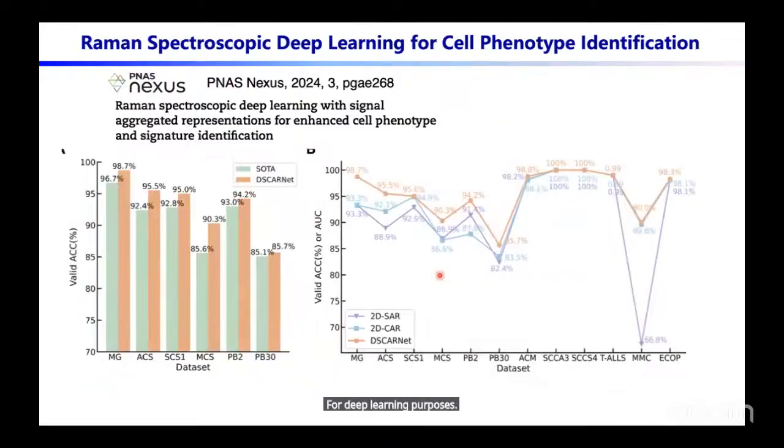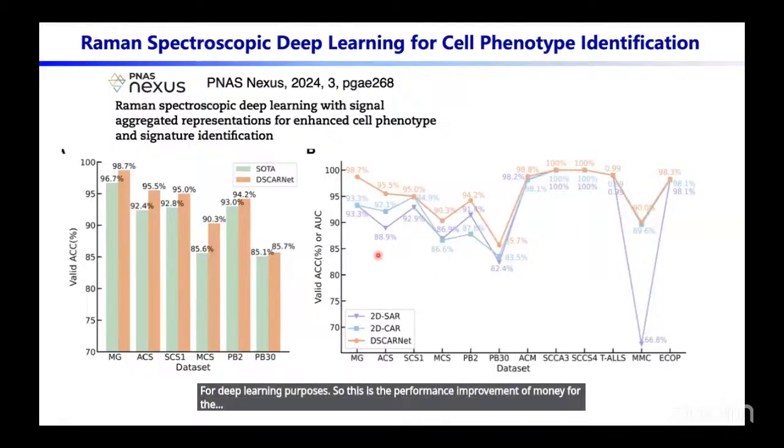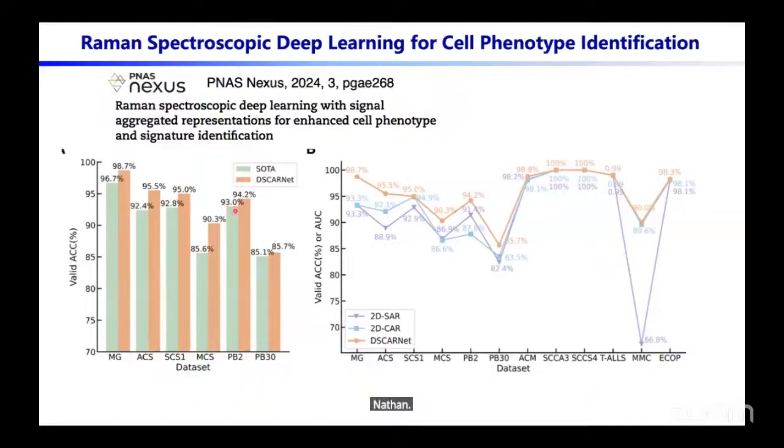So this is the performance improvement of the manifold method, the orange one, and then the other methods. You can see in many cases the orange one beats the purple one and then the blue one, right?